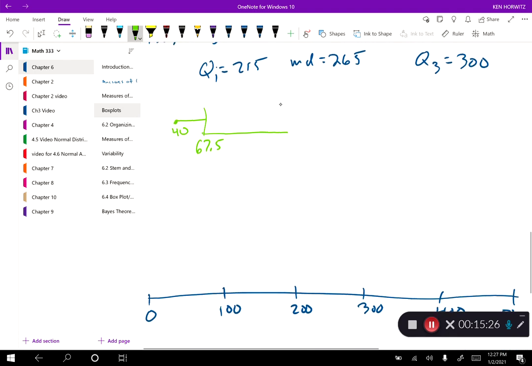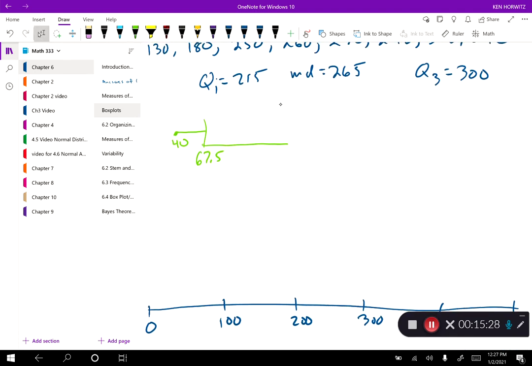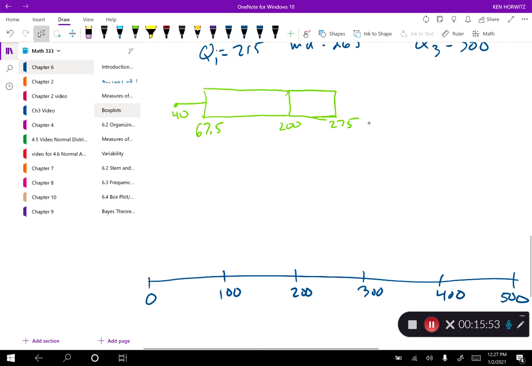It's 200, all right? Looks like it falls right at about 200 to me. Seems okay. And my box extends all the way to 275. And then my whisker goes all the way out to 420.